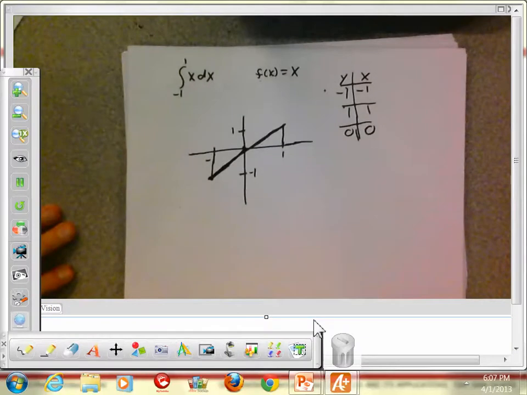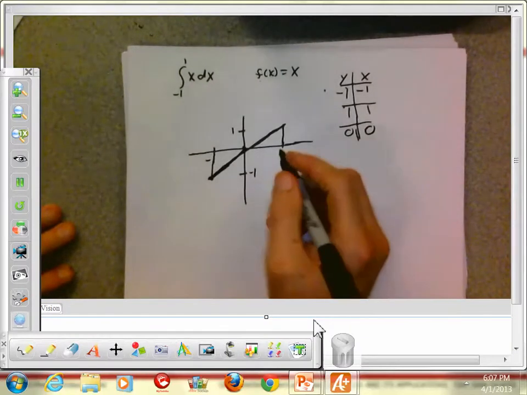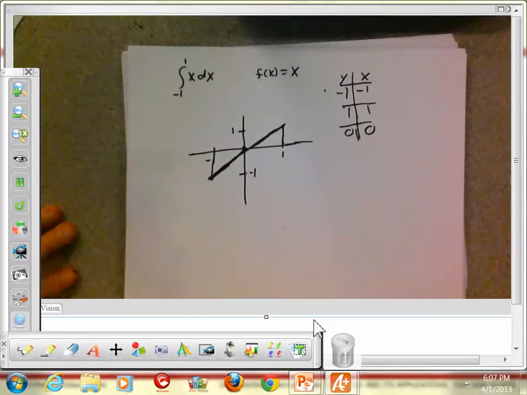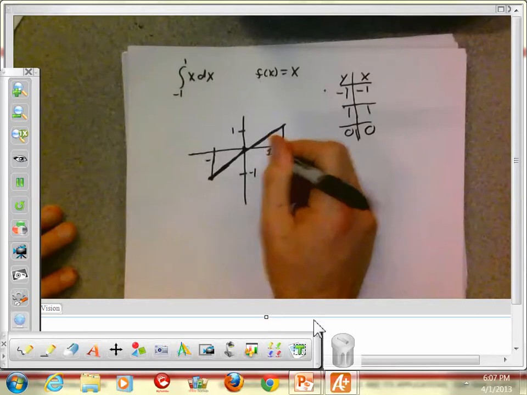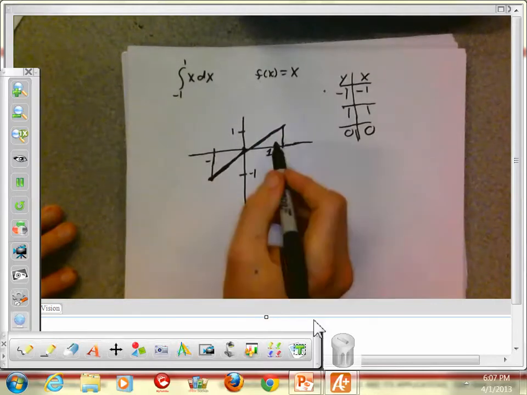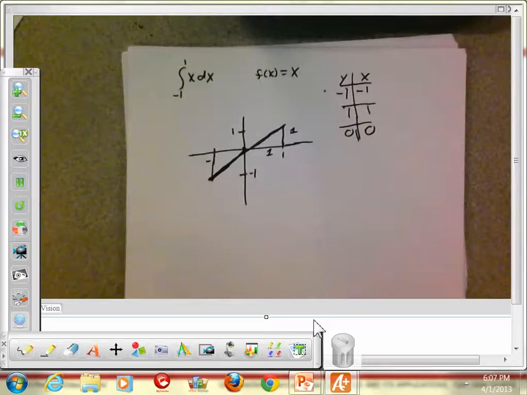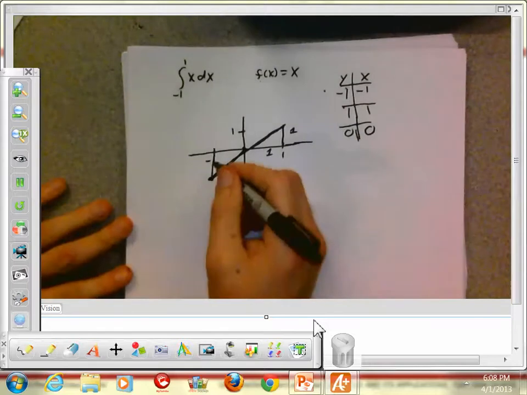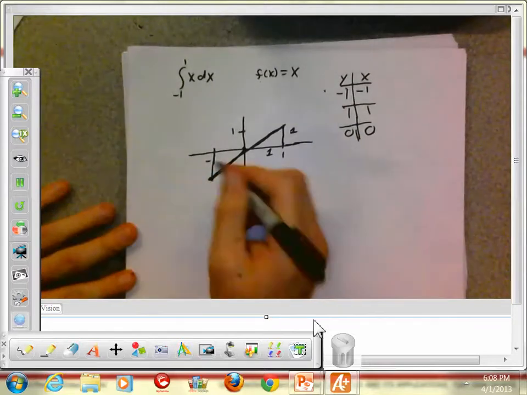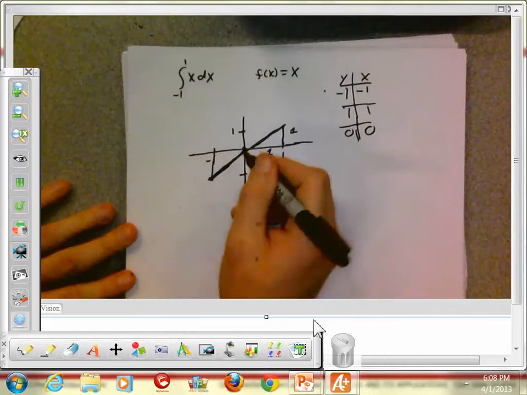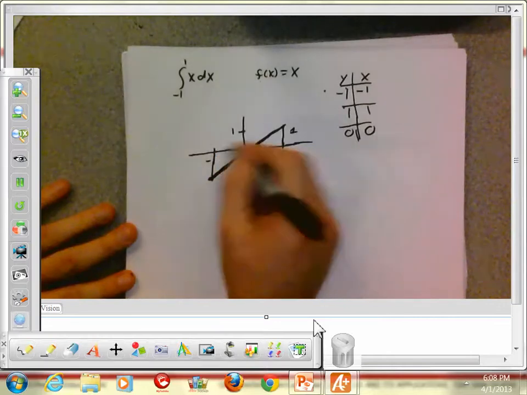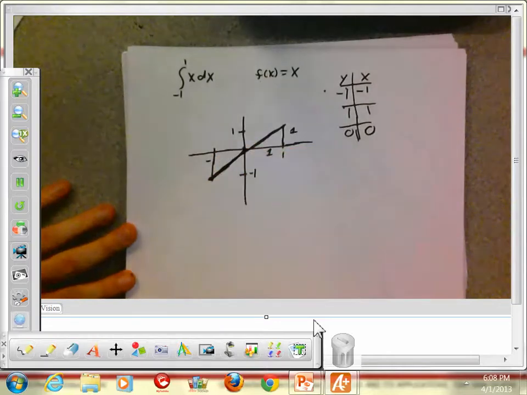So what is the base of this first triangle here? 1. What is the height of this triangle over here? 1. Okay? Now over here, what is going to be the base of this triangle over here? -1. Okay?